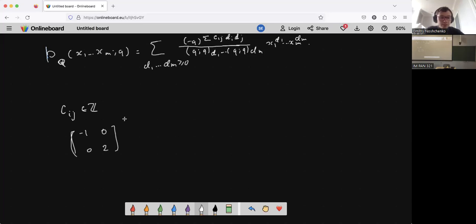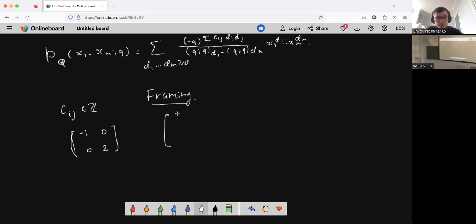So in this case, it's very useful to consider a transformation which we call framing. And framing is simply, given the matrix Cij, so C11 to Cmm, framing simply adds a constant to every entry of the matrix.